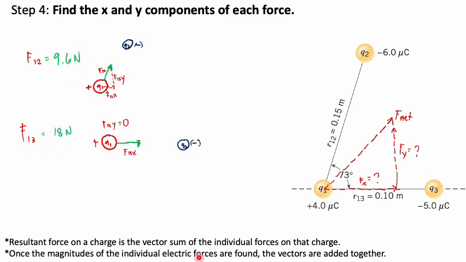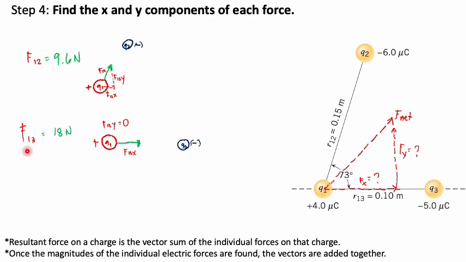So, here in F12 first. In F12, this is the X component. Sorry, it's very small. So, you just draw the components here. This is the X component of F12. This is the Y component of F12.